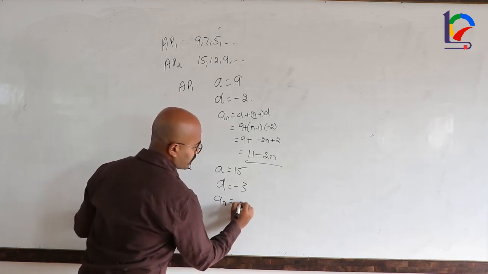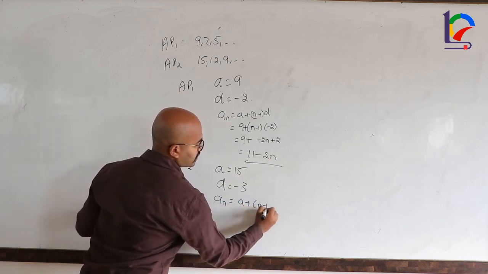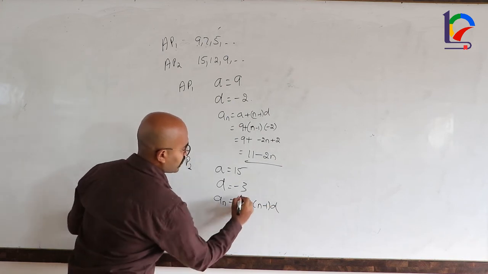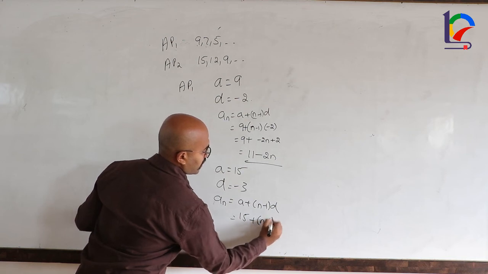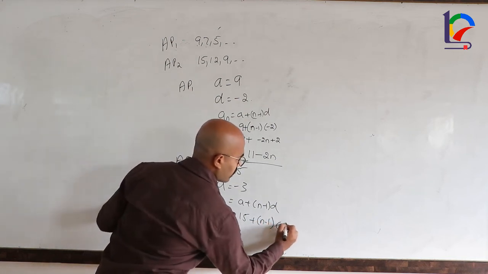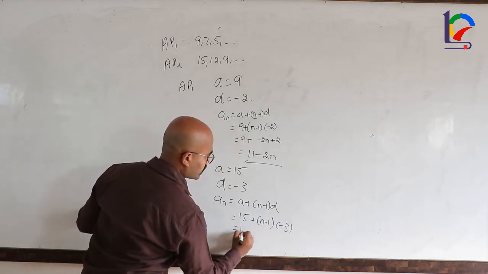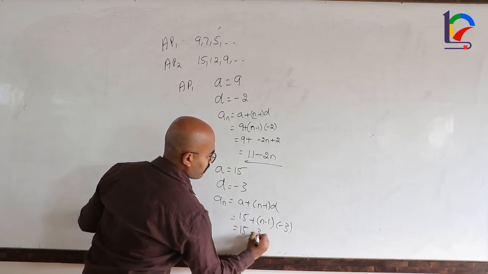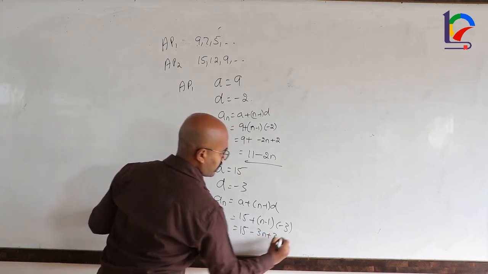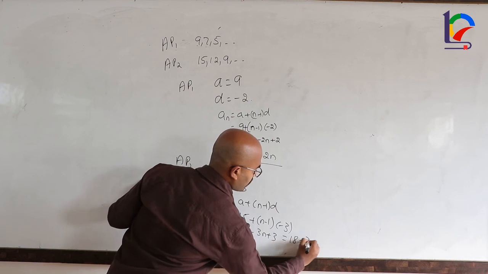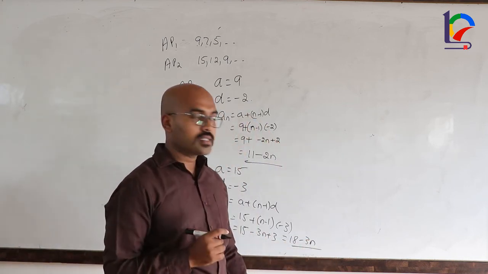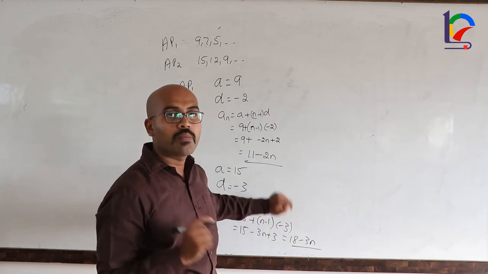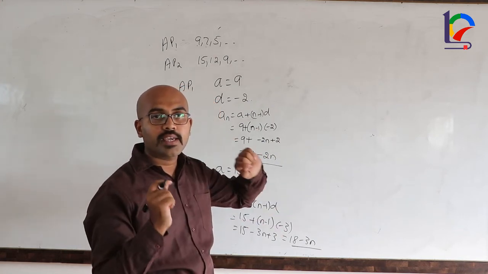It is again a plus (n minus 1) into d. a is 15 plus (n minus 1). What is d? Minus 3. So it is 15 minus 3n plus 3. So it is 18 minus 3n. So what they have given is that the nth term of both the APs are the same.